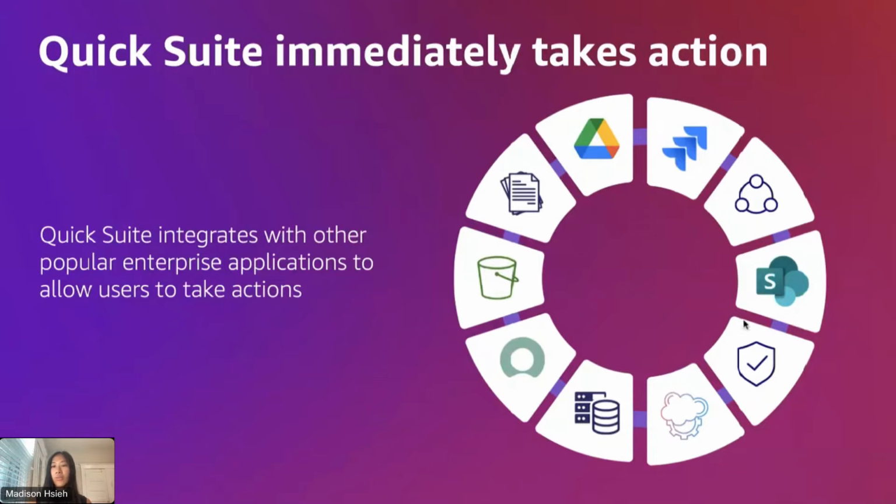I'll also review more when we go through the demo, but these allow you to take actions within those applications by making calls into those, or you can bring the knowledge from those applications in within your Quick Suite environment to be able to create tasks and get insights on the fly while you use your chat agents within Quick Suite. And again, if you have any questions, please ask in chat.